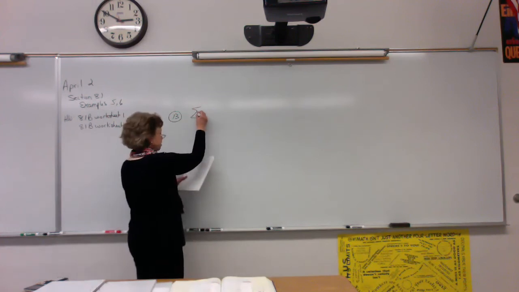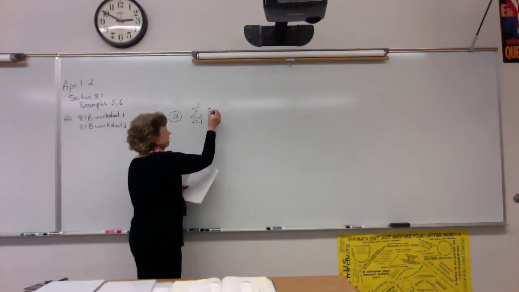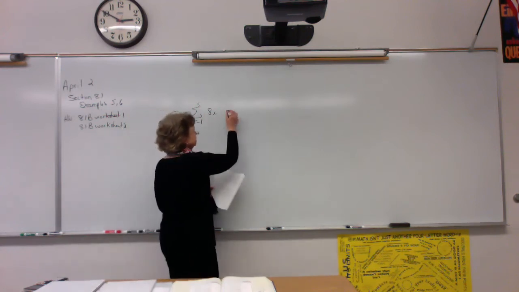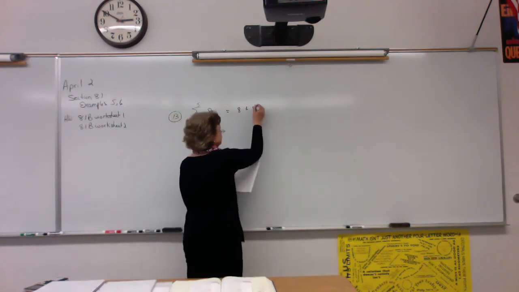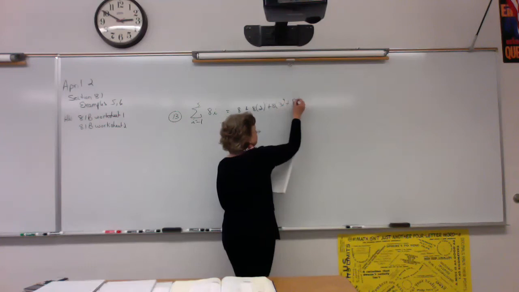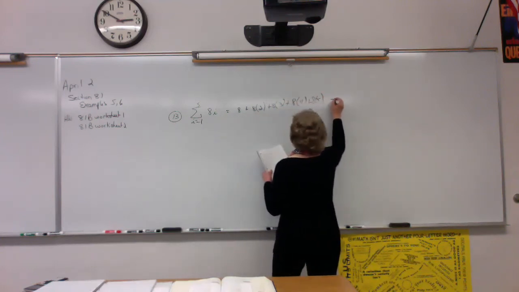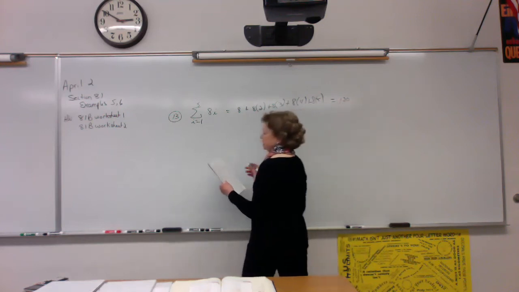This was the summation from i equals 1 to 5 of 8 times i, which is 8 plus 8 times 2 plus 8 times 3 plus 8 times 4 plus 8 times 5, which equals 120 when you do the math.